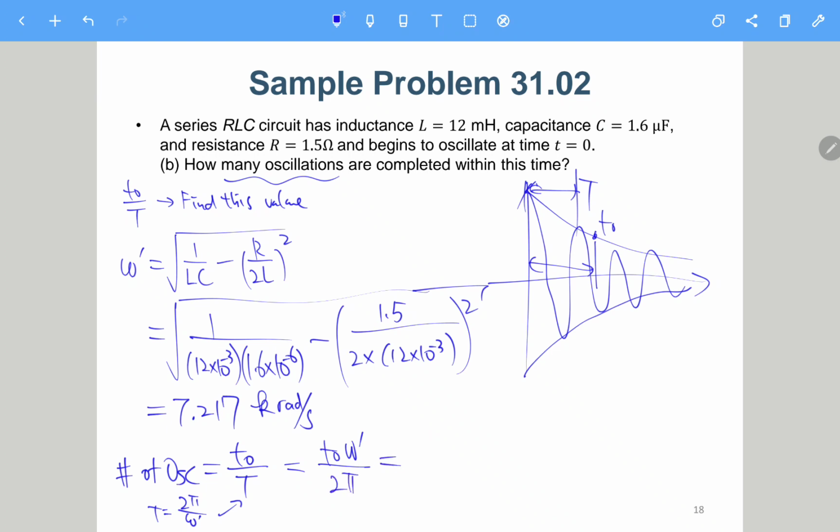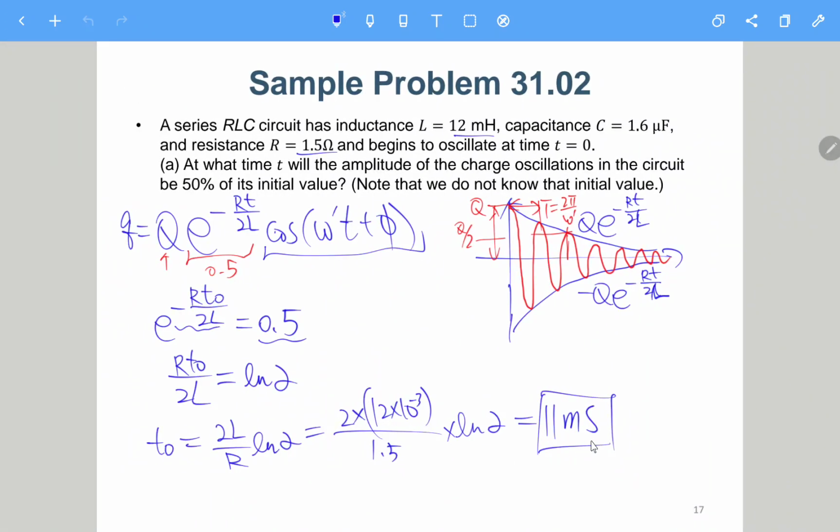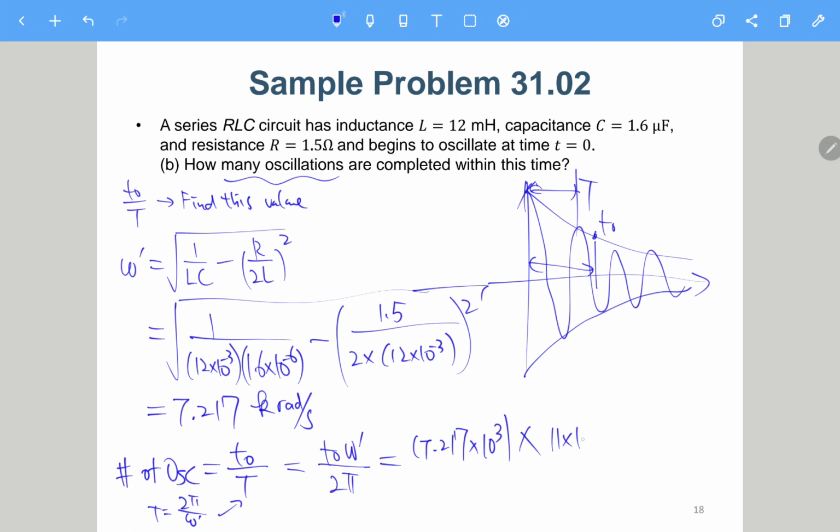That is 7.217 times 10 to the third, times T0, which is 11 millisecond, 10 to negative third, over 2 pi. So this value is 12.6. Of course there is no SI unit here because this is just a number. So actually there are 12.6 oscillations.